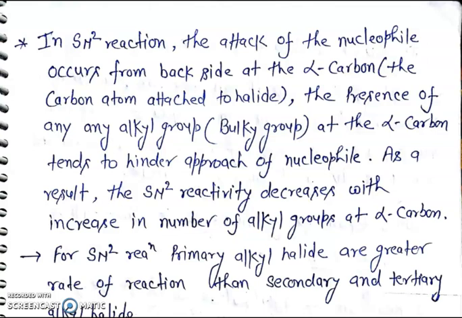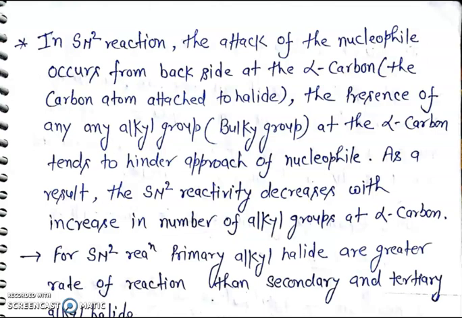In SN2 reaction, the attack of the nucleophile occurs from the backside at the alpha carbon. The presence of any alkyl group, that is the bulky group, at the alpha carbon tends to hinder approach of nucleophile.